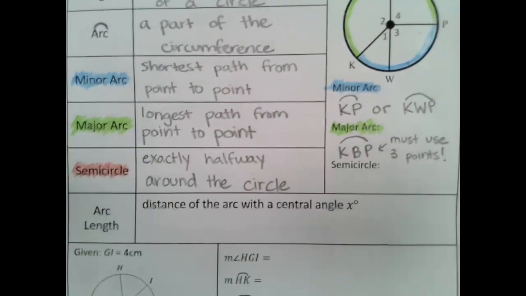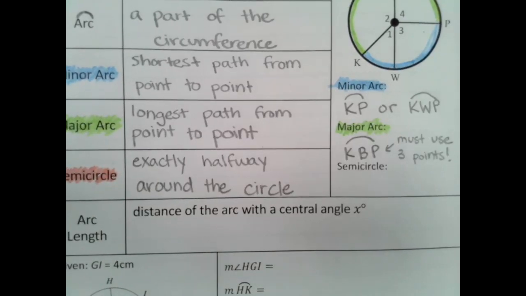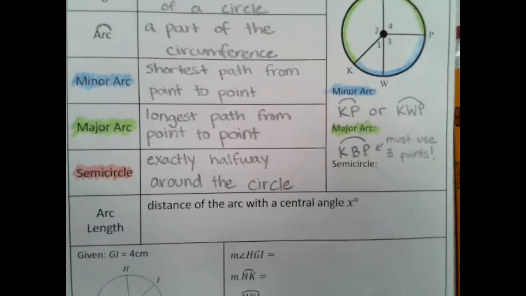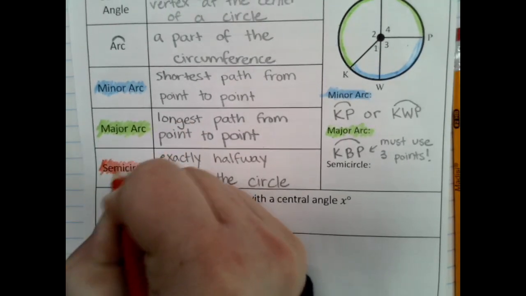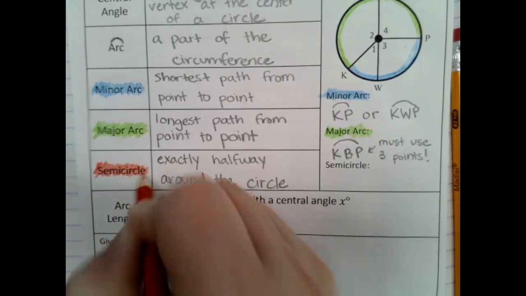I used red. So semicircle is exactly halfway across the circle.